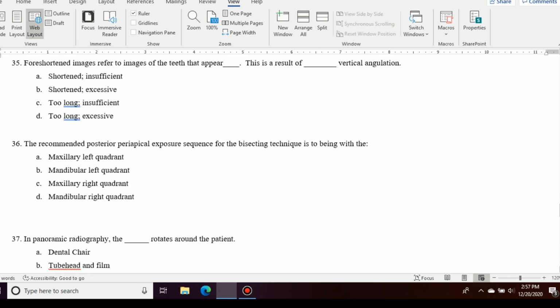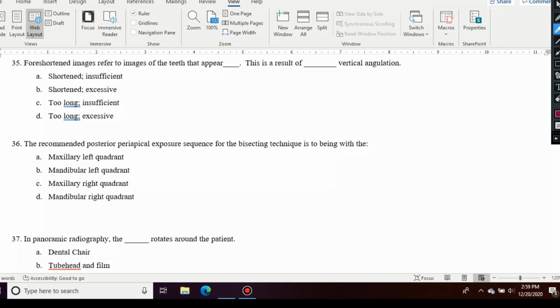35. For shortened images, refer to images of the teeth that appear blank. This is a result of blank vertical angulation. A, shortened and insufficient, B, shortened and excessive, C, too long and insufficient, or D, too long and excessive.